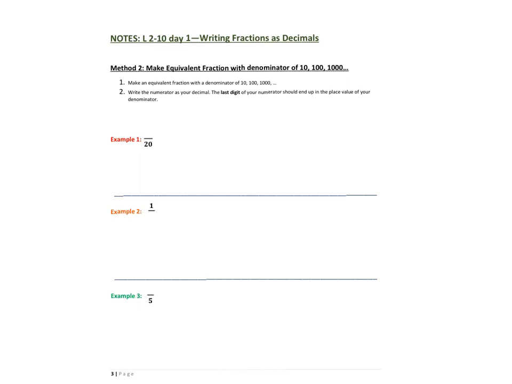So let's turn to page 3 and talk about method 2 for converting fractions to decimals. You can stick with method 1 for all the problems doing long division, but method 2 is a bit of a shortcut if your denominator is a factor of either 10, 100, or 1,000, and so on. Those are my decimal place values, which is why those will work.